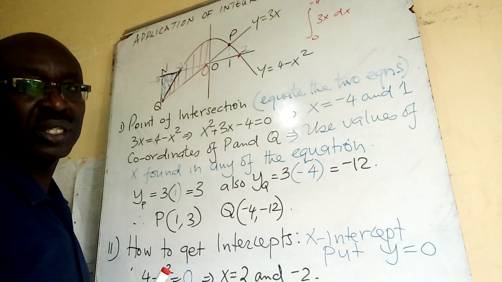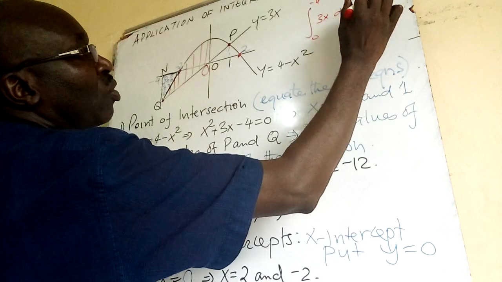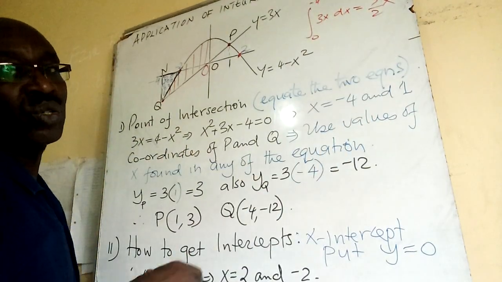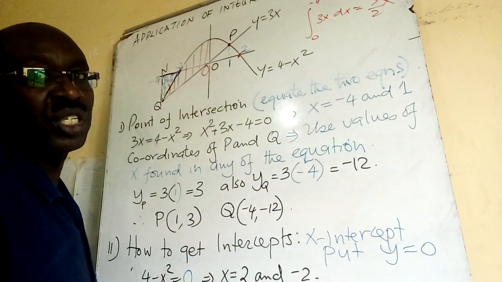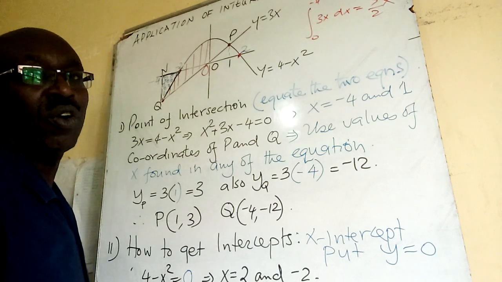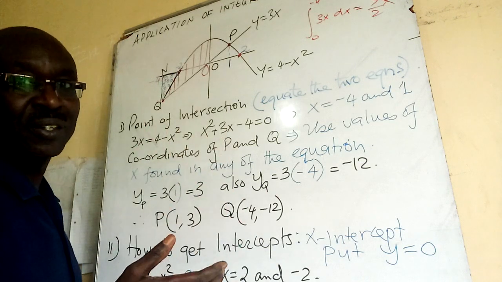The lower limit is not an issue. 3 over 2 x squared. So if you put here 16, 2 goes into 16 8 times. 8 times 3, 24. You can get it.